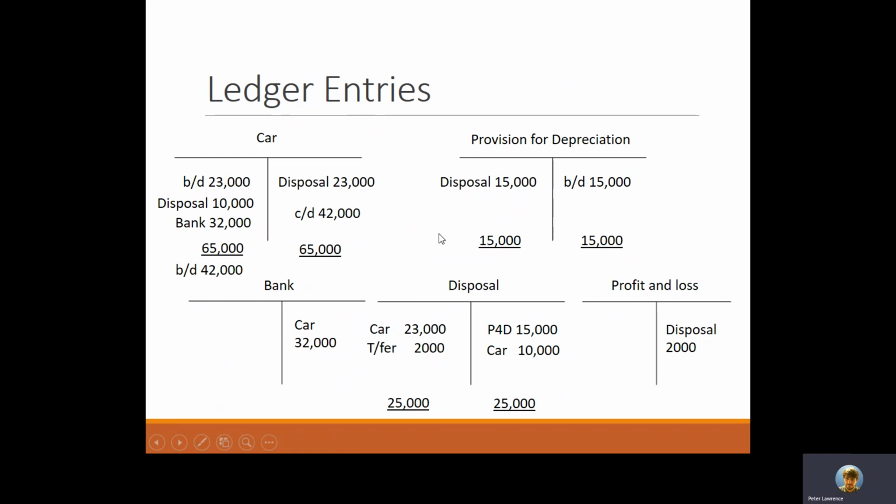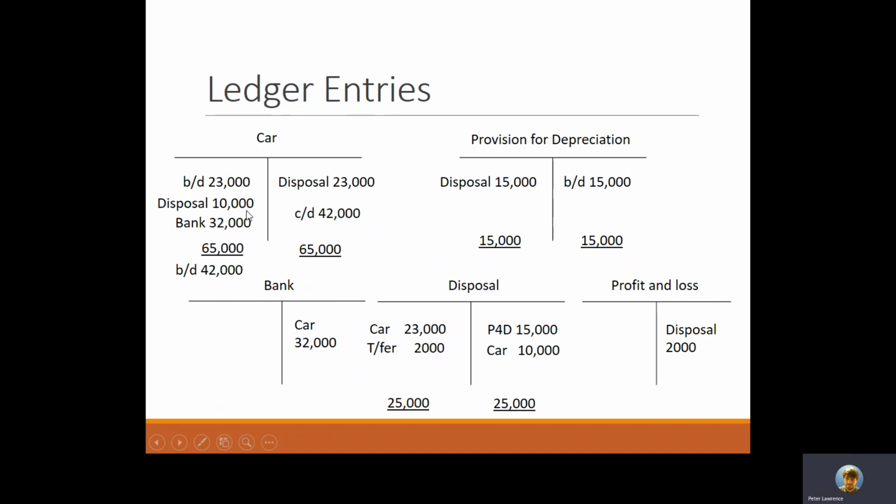Now, we then received £10,000 as a part exchange value. So that is £10,000 towards the new car. So we'll put £10,000 in the car account and £10,000 on the credit of the disposal. Debit the car, credit the disposal. Then we pay £32,000 towards the new car, so we'll debit the car, we'll credit the bank.